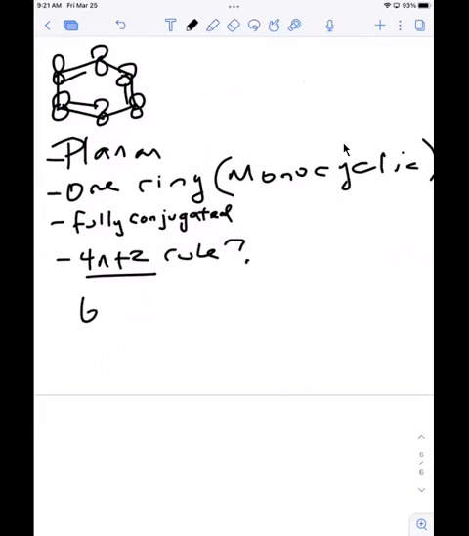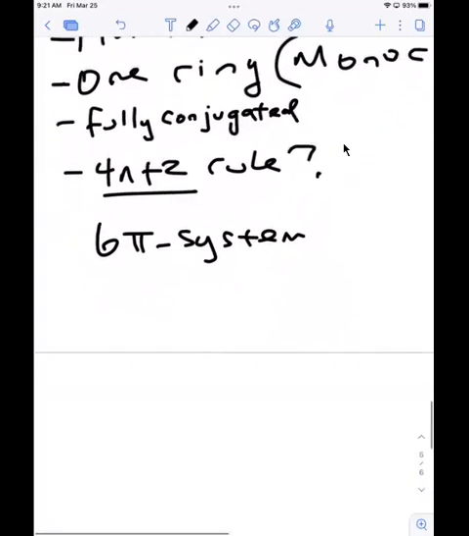So for benzene, this is a 6 pi system, right? There are 3 double bonds and 2 electrons in each double bond. All right, so this is a 6-pi system. So we're going to say 4n plus 2 is 6. And then we solve for n, and n will be 1.